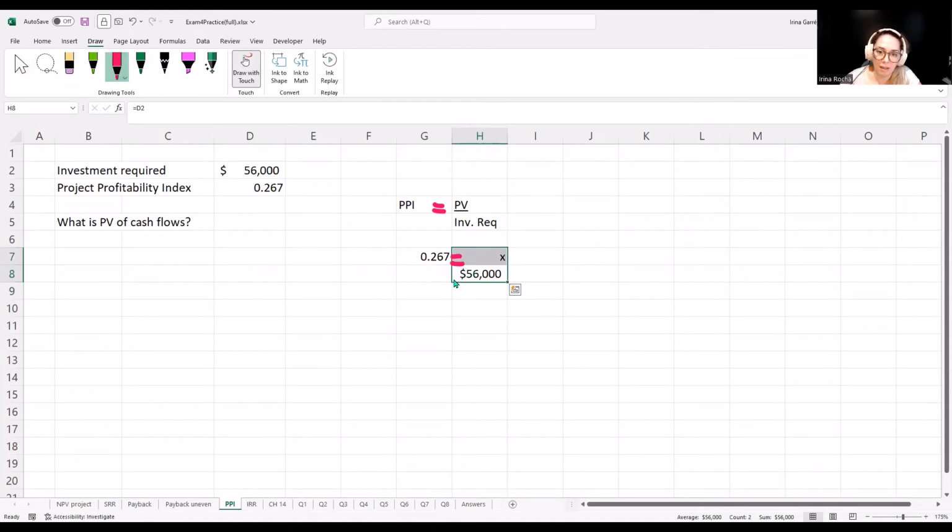If this is dividing, it moves to the other side by multiplying. So X, or in this case, the present value, is the same as this number times this number. And this is the present value of cash flows. And that's it. That's the right answer.